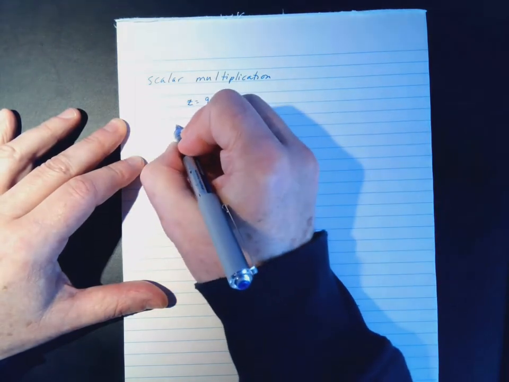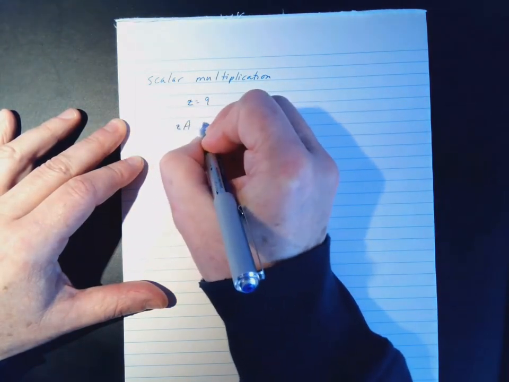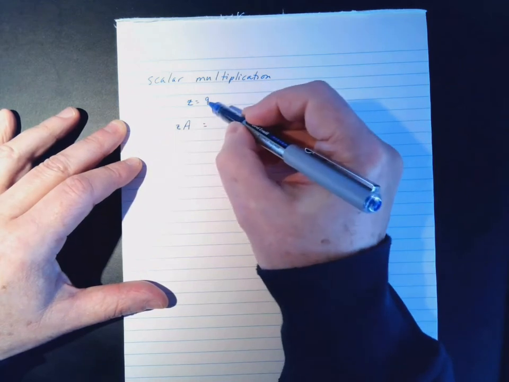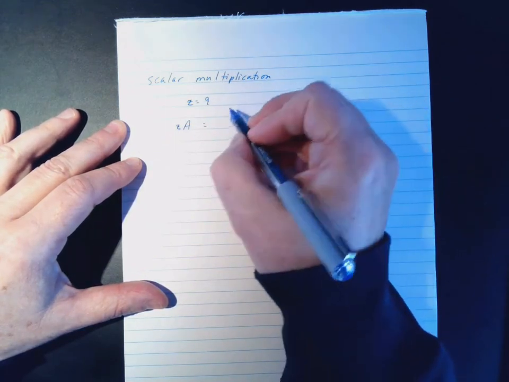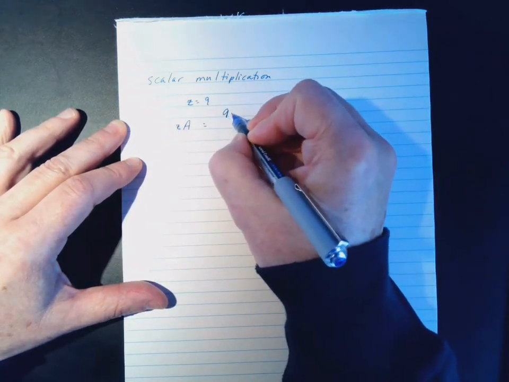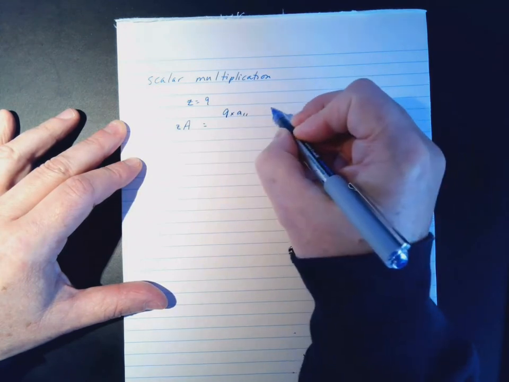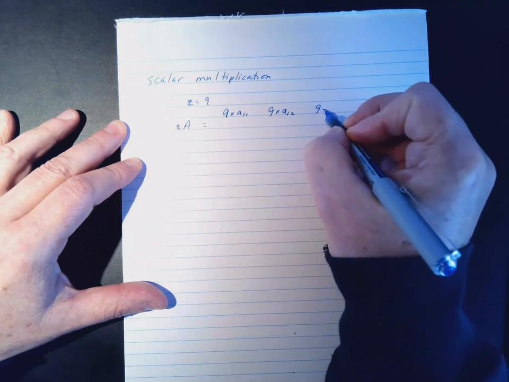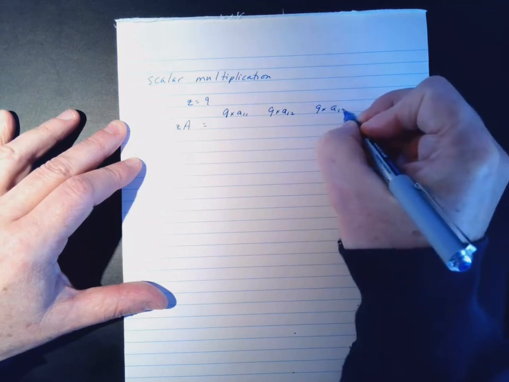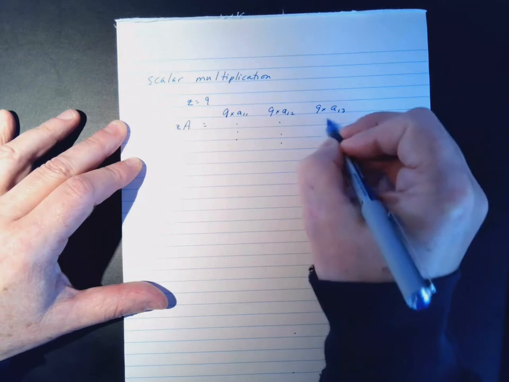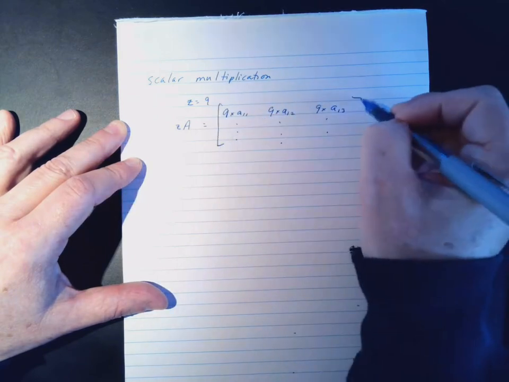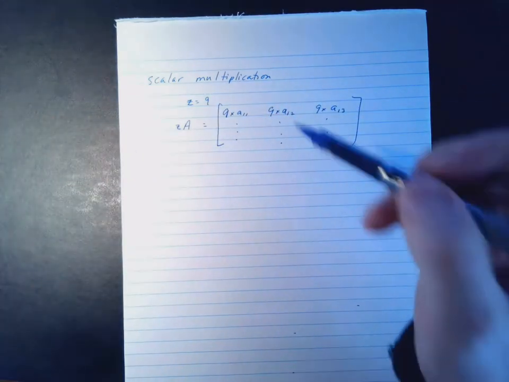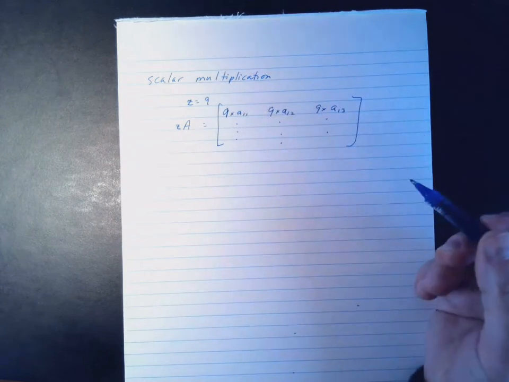Then Z times A is just going to be, we'll just multiply 9 into each of the elements. So it's 9 times A11, 9 times A12, 9 times A13, and so on. So you just multiply the scalar into each of the elements.